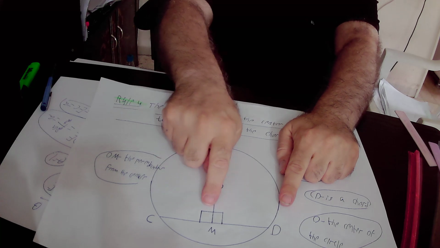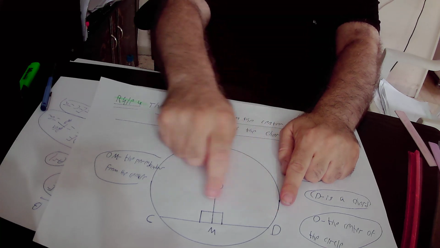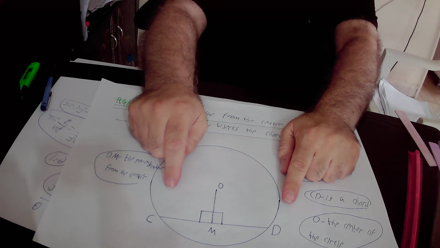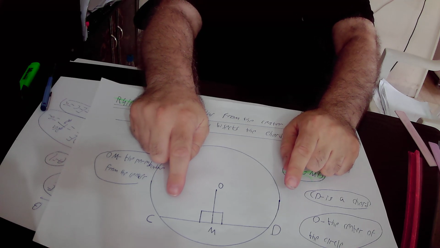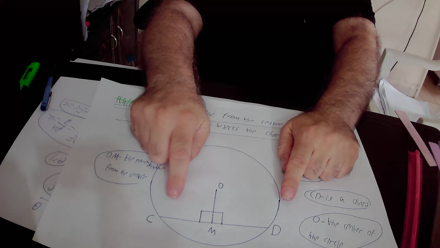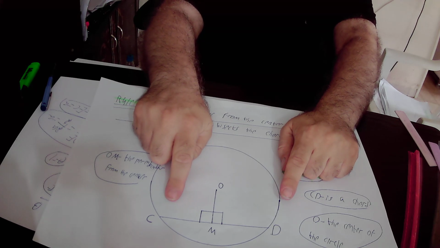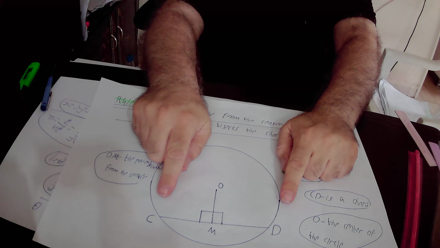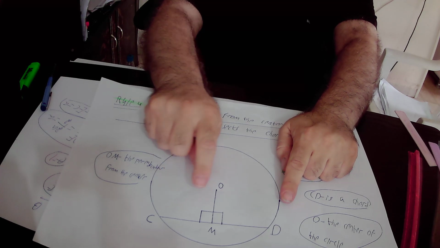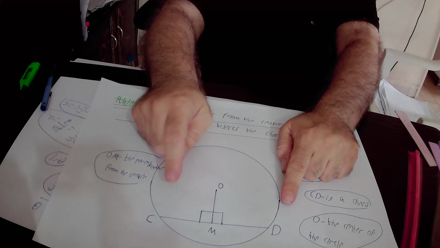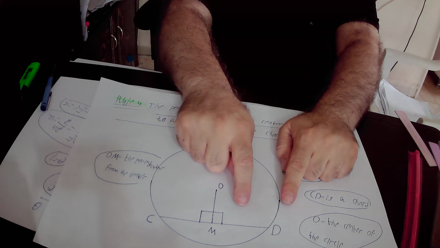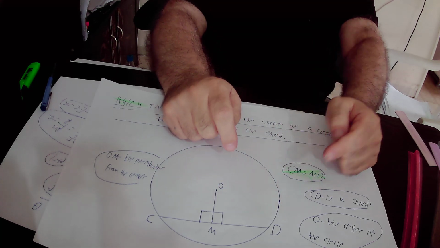That is to say, CM equals MD. And from the fact that it bisects chord CD, it means that each half equals CD over 2, so CM equals CD over 2, and MD is also equal to CD over 2.